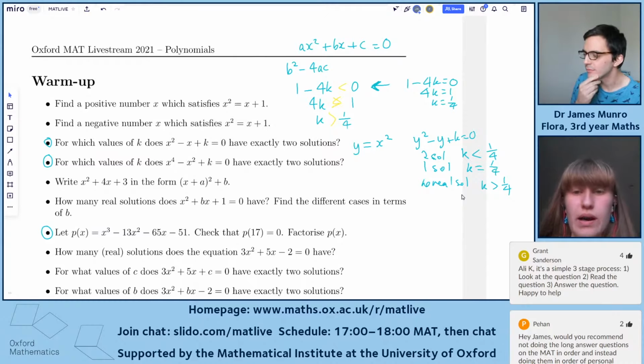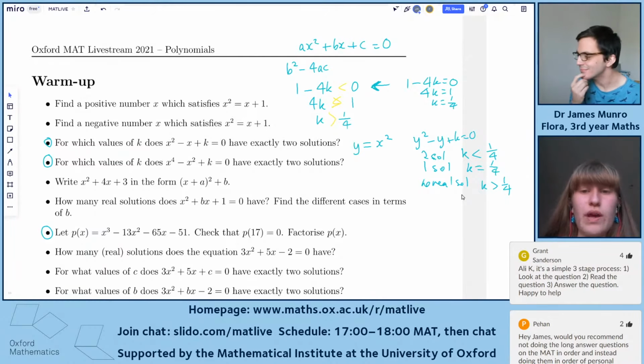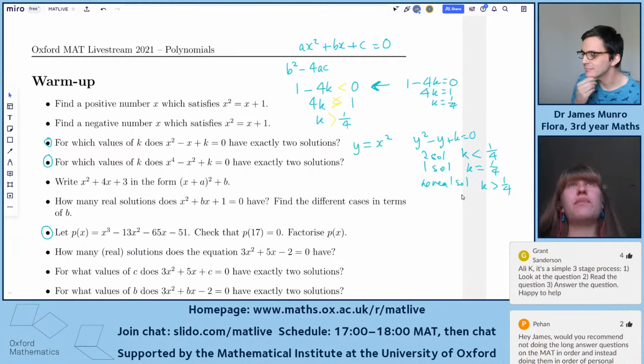So in terms of y, we'd have two solutions for y if k is less than a quarter. But if we have two solutions for y, and then y equals x squared, we might have more than two solutions for x. And that depends on basically whether y is positive or not.